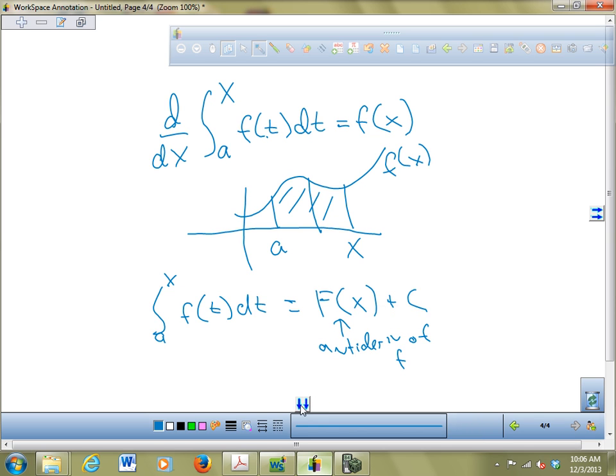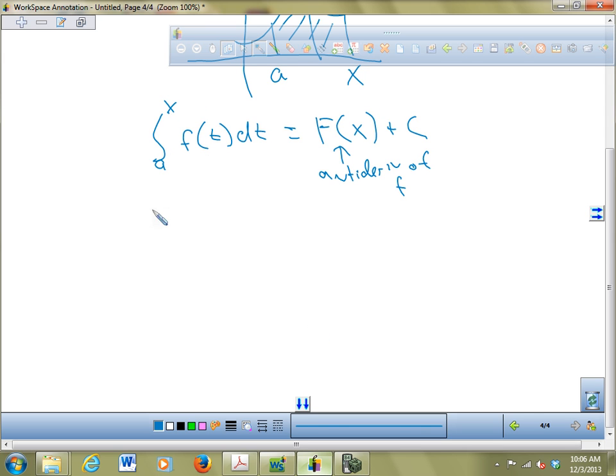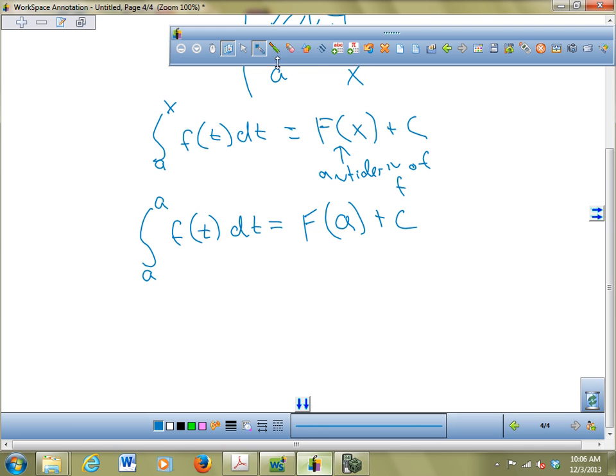Furthermore, if I substitute a in for x, I get the integral of f of t dt is equal to the antiderivative at a, plus c, because I'm finding the antiderivative when x is over here, but here I'm finding it when x is over here.